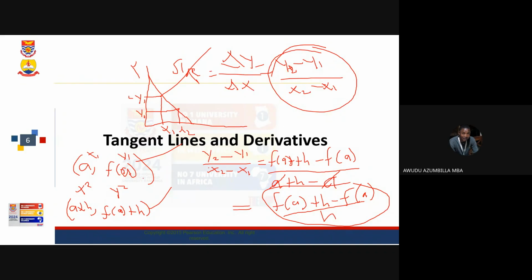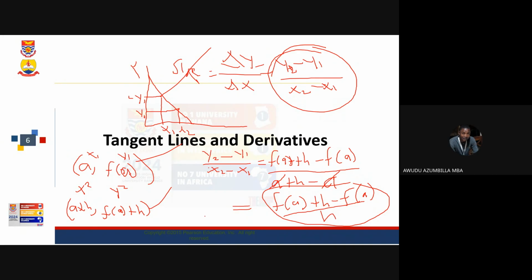Remember that we are looking at the slope of a tangent line, which touches the circle at a point. When a straight line is tangent to a circle, we are looking at the point where they are tangent, where they are equal. So how do we find that point? This function depends on the value of h.